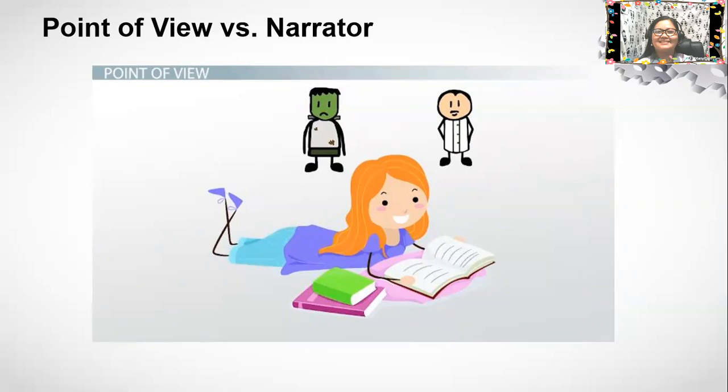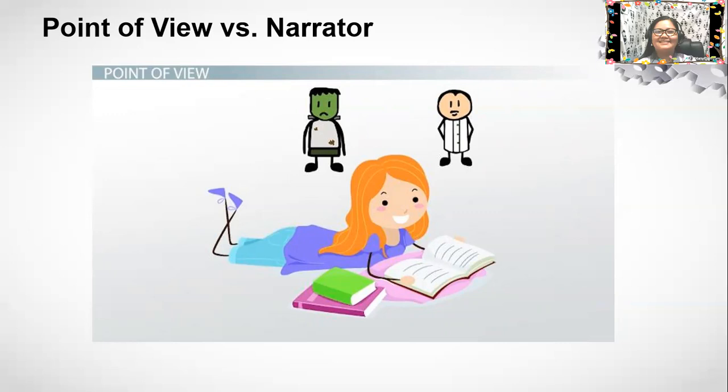There are also non-participants, like for example the life of the mom or dad of the author. So hindi siya participant sa story, but he or she is the narrator. The point of view in a story refers to the position of the narrator in relation to the story. So mas broad si point of view kaysa kay narrator.